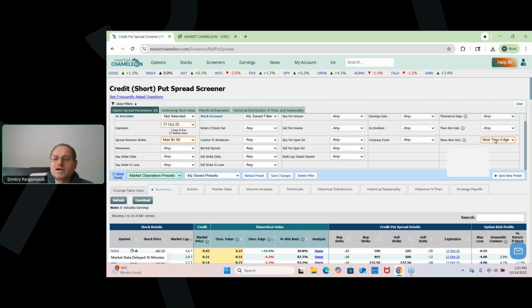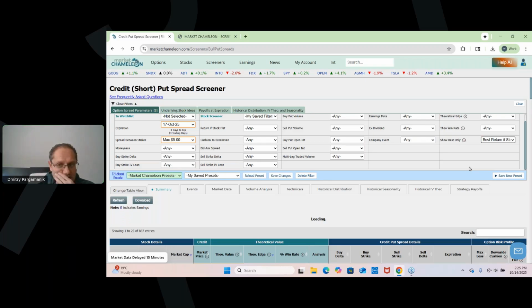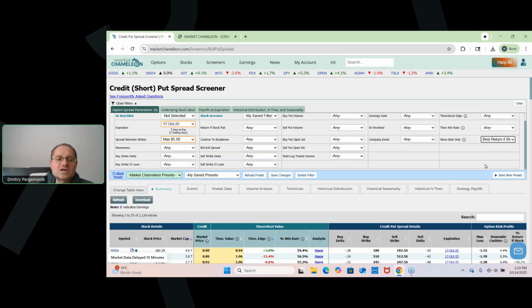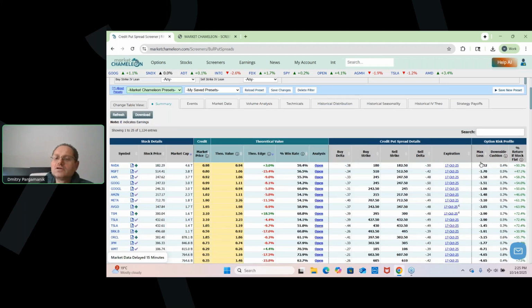If we wanted to do it by, for example, if the stock is flat, we come back here. We say return if the stock is flat. So here in NVIDIA, this will be a 50% return if the stock is flat, remains at the same price at expiration.